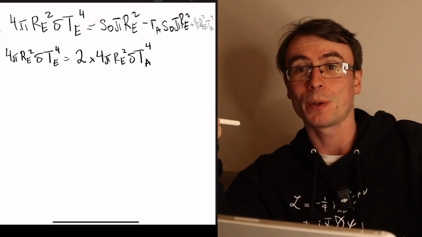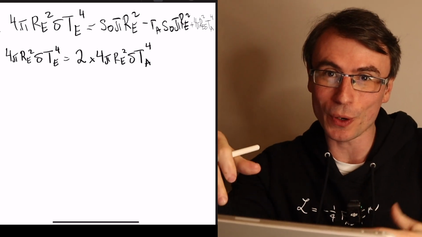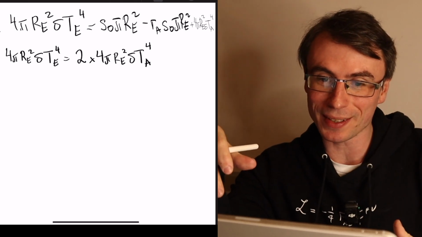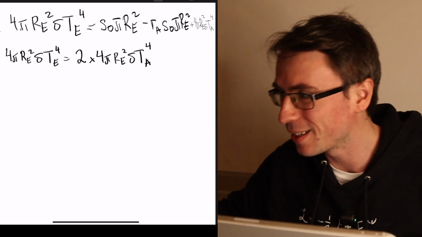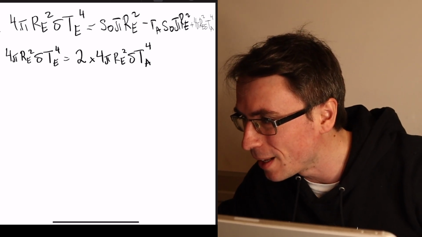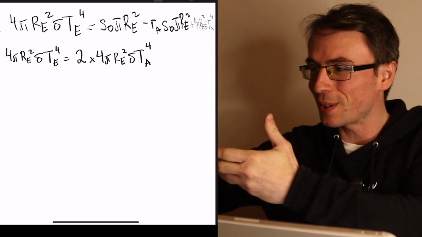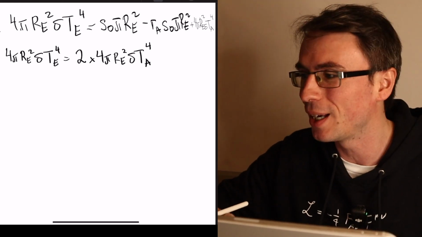And now we are in good territory, because we have 2 equations and 2 unknowns. All we need to do in this question, if I remember correctly, is to figure out the temperatures TE and TA.